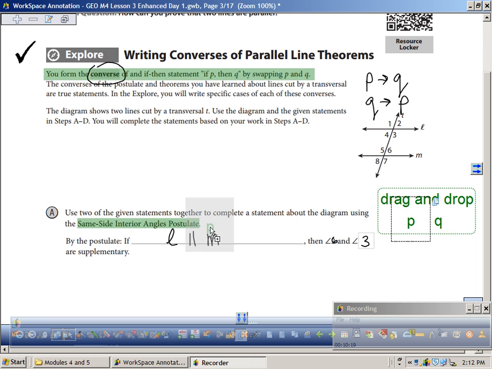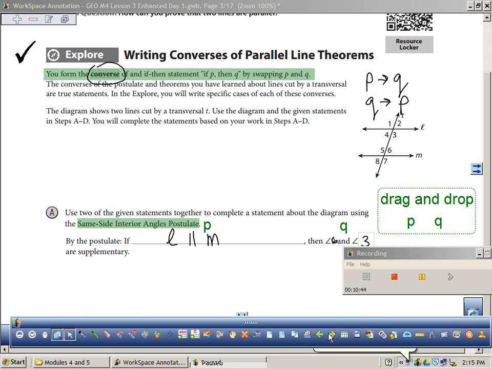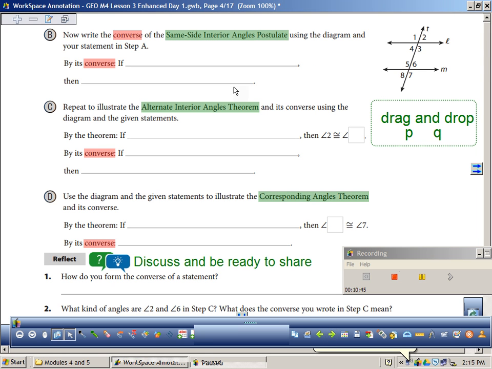L parallel to M. If this, then what part's my Q? Not that part, sorry. What part's my Q? Angle 6, angle 3. Thank you. Okay, that was better. If P, then Q.